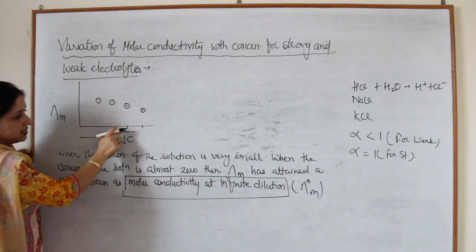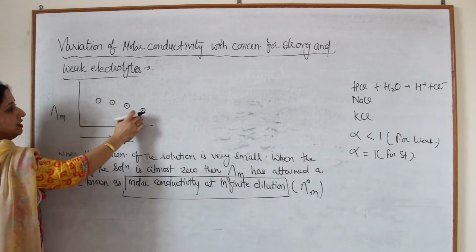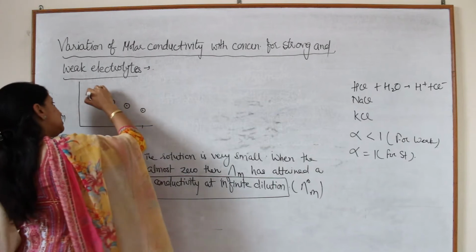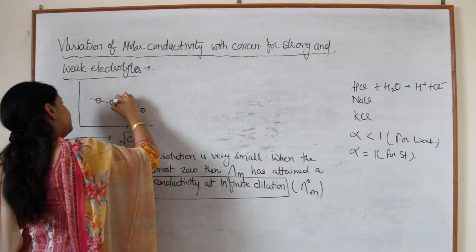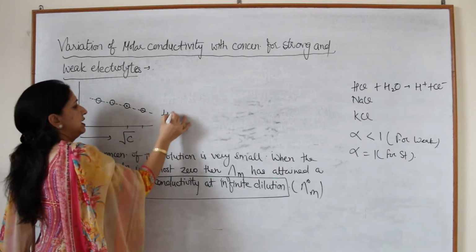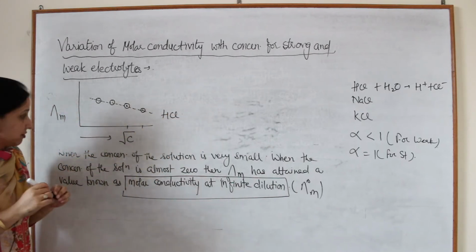If I am decreasing the concentration, the value of lambda m goes on increasing. So this is the graph for any strong electrolyte, let it be HCl, NaCl, KCl, etc.